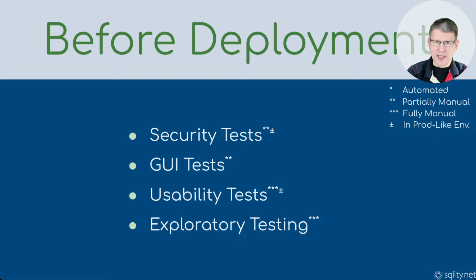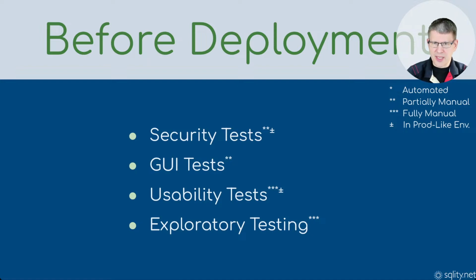You also have graphical user interface tests. Some of those can be automated with tools like Selenium. Others need to be executed manually. Either way, they should happen before deployment to production. You have usability tests. Does this user interface actually make sense, or is it confusing users?